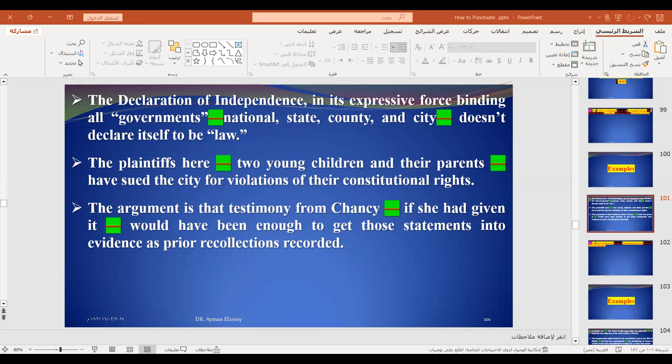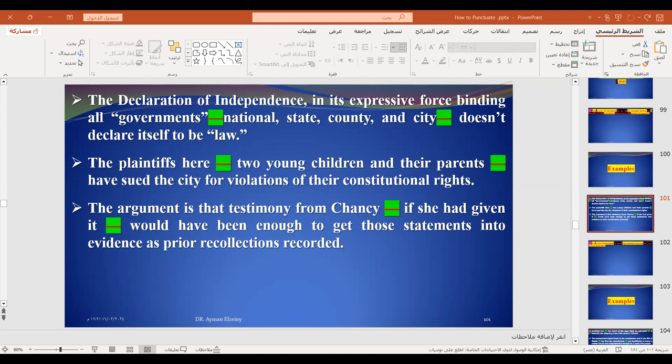Another example, plaintiffs. Here, two young children and their parents have sued the city for violations of their constitutional rights. Two young children and their parents. Here, in such a position, you have to put such a phrase between two EM dashes.